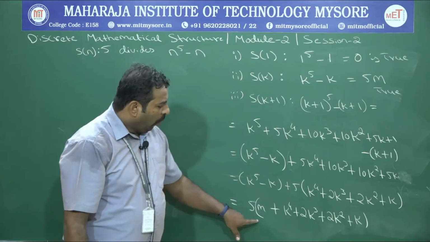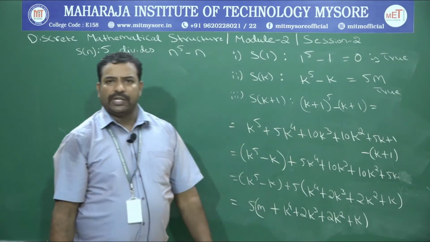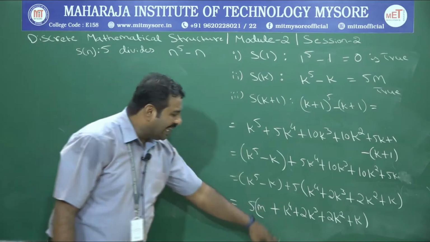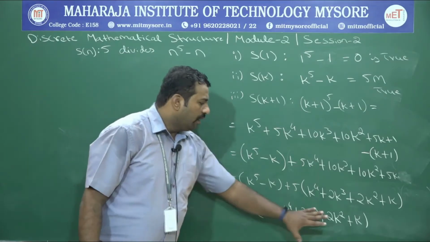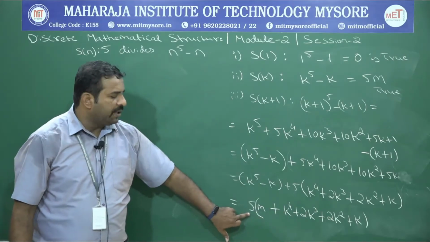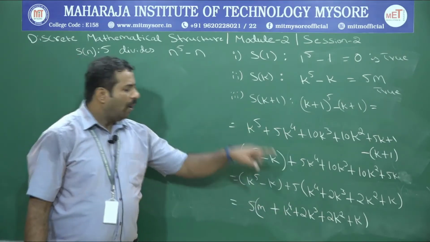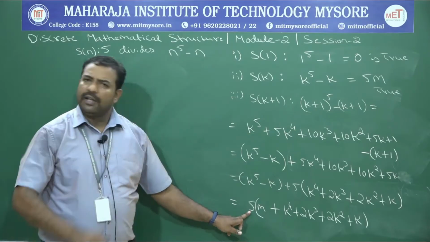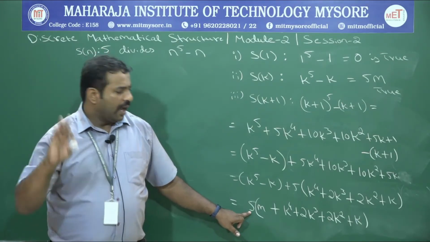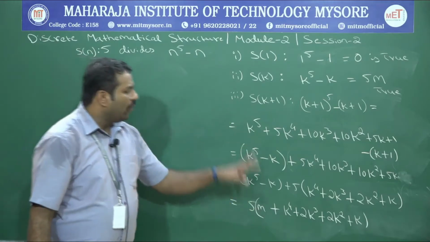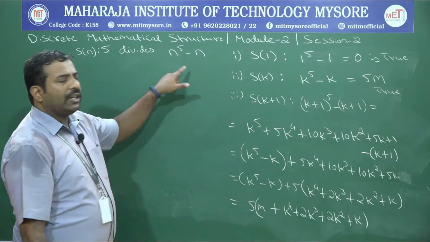Now just observe, irrespective of what the k value is going to be, whatever number I'm going to get, that number will always be multiplied with 5. If it is always multiplied with 5, I'm sure that it is going to divide the number by 5. For this reason, we are going to say the statement is true.